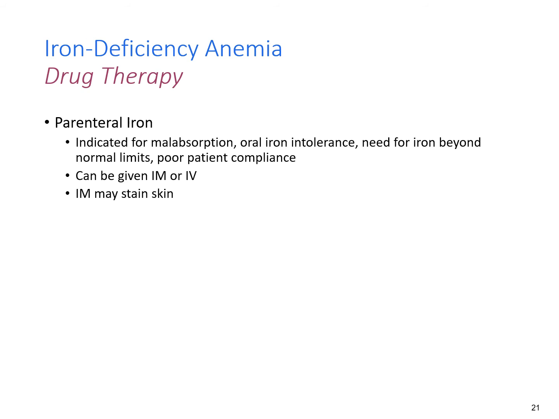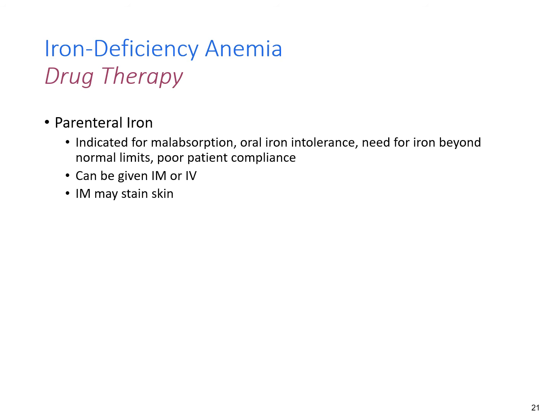For the parenteral drug therapy specifically, this is when they can't take PO for whatever reason, right? They have malabsorption issues, they can't tolerate the iron PO, maybe you need a lot of iron beyond your normal limits, or maybe there's poor patient compliance, like they're just not following your directions.